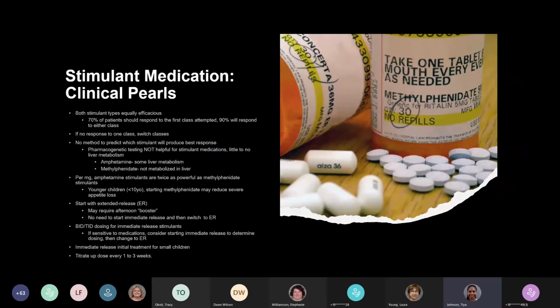So there are a lot of clinical pearls on this slide about the stimulant medications. You can literally pick either of the two stimulant types.